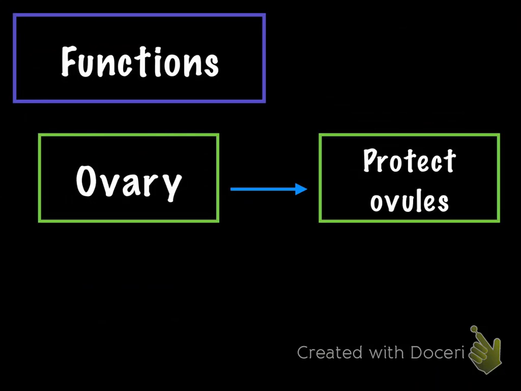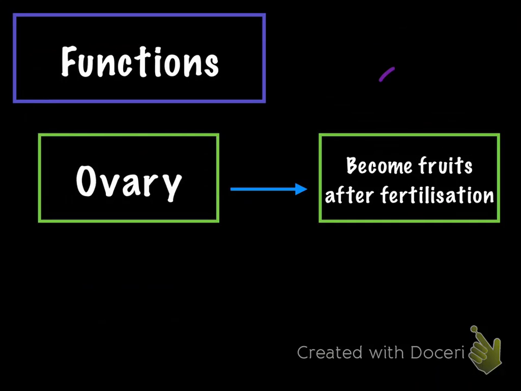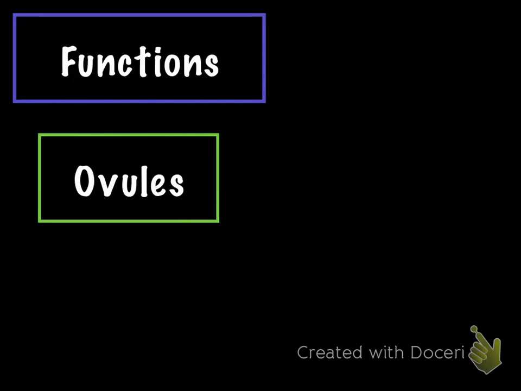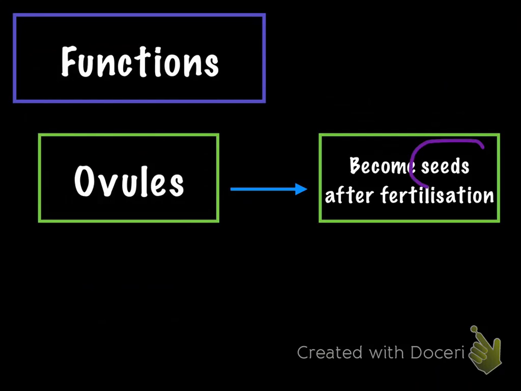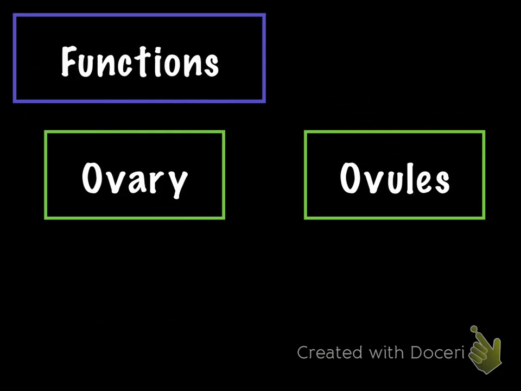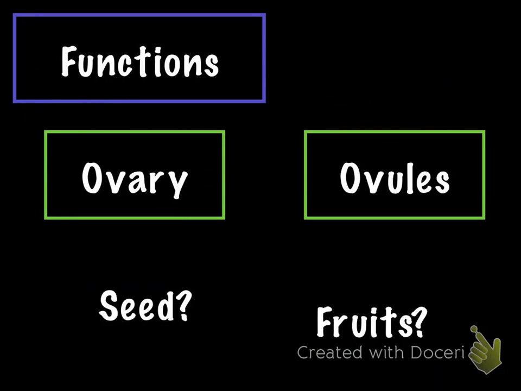How about the ovary? Must remember, number 1, it protects the ovules. Number 2, it becomes fruit after fertilization. How about the ovules? Ovules become seeds after fertilization. Now, during the exam, it can be a bit confusing. You cannot remember. Ovary, ovules. Does the ovary produce seeds or fruits?